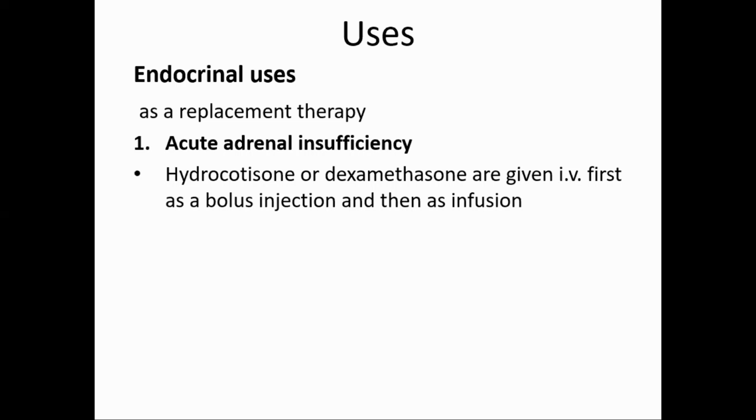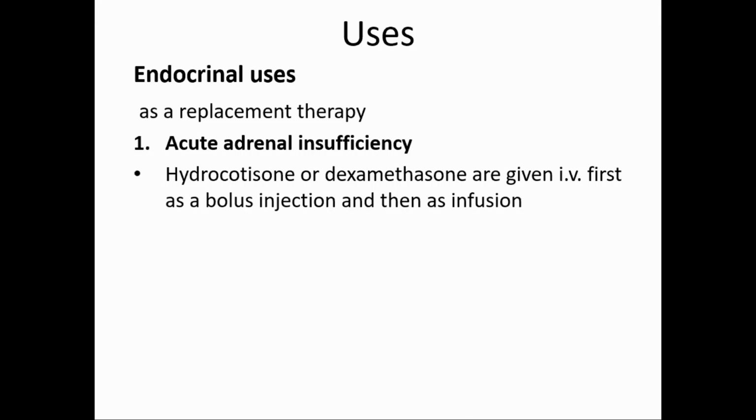It is used as replacement therapy in both acute as well as chronic adrenal insufficiency. In acute adrenal insufficiency, there is sudden deficiency of steroid production by the adrenal gland, and it is an emergency condition, and hence prompt therapy should be given.